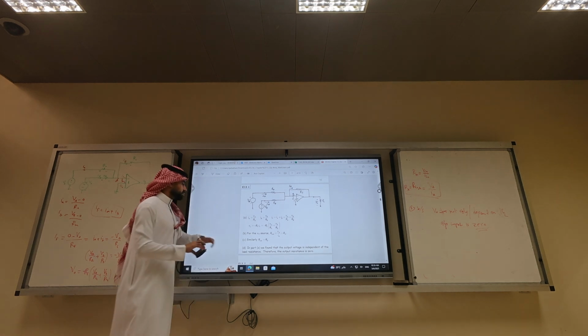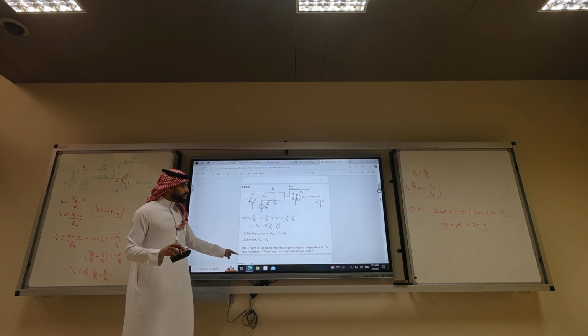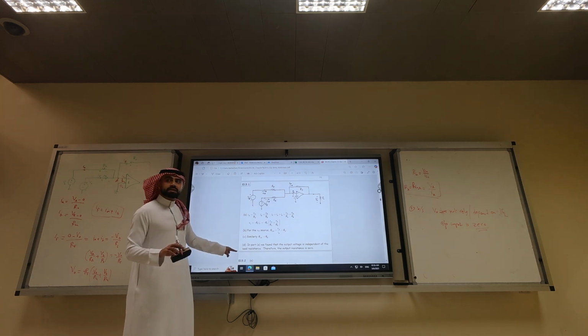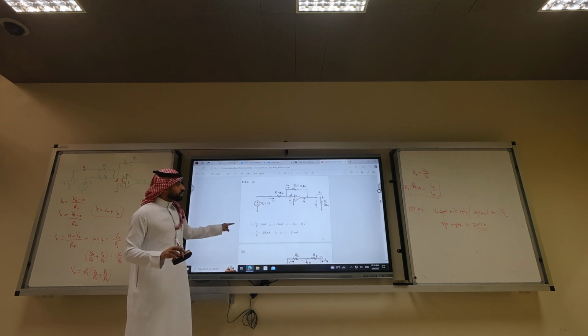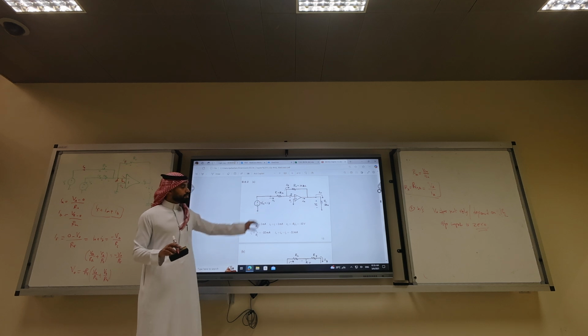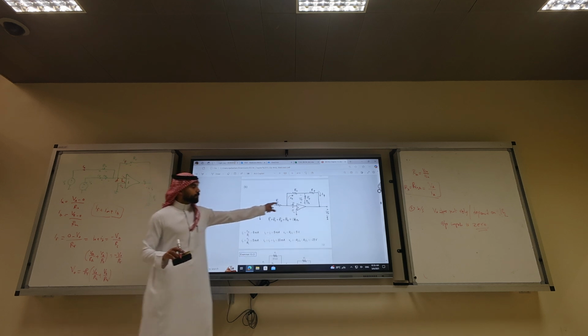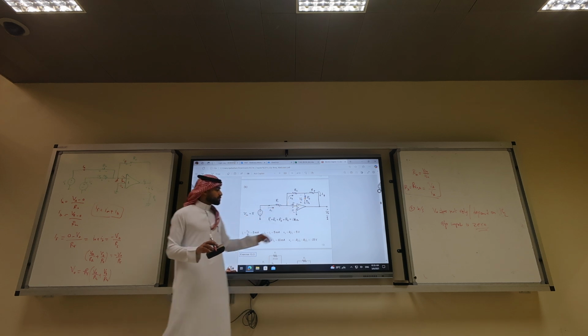Okay? So the output voltage is independent of the load resistance, therefore the output resistance is 0. Okay? This is the classical connection numerical example. It's very easy to solve. I think we did solve it before. This is a numerical example for the example we did last class.